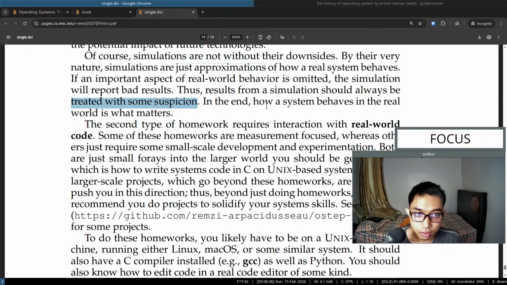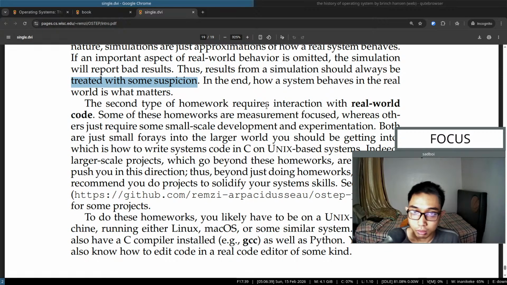In the end, how a system behaves in the real world is what matters.